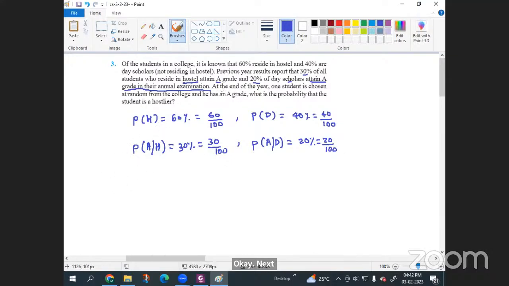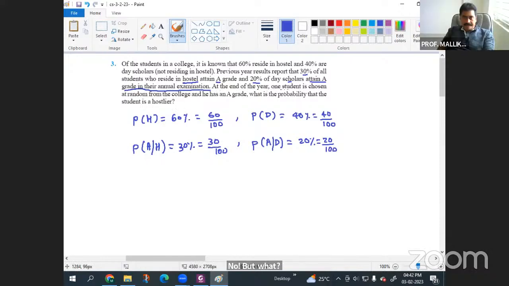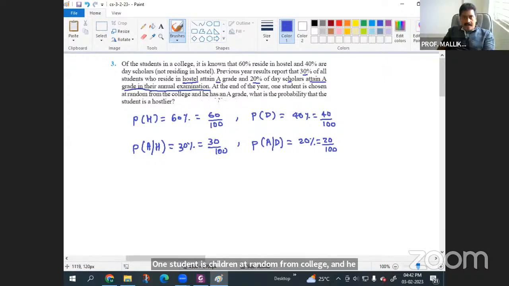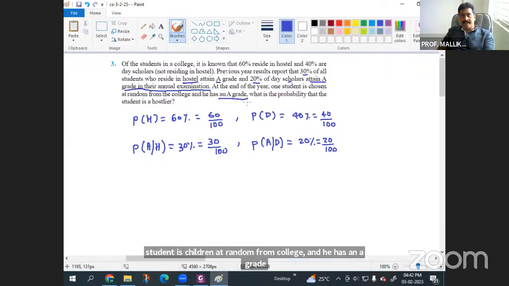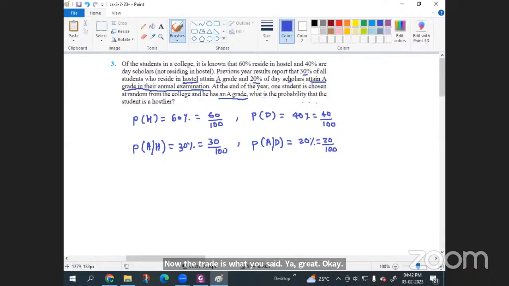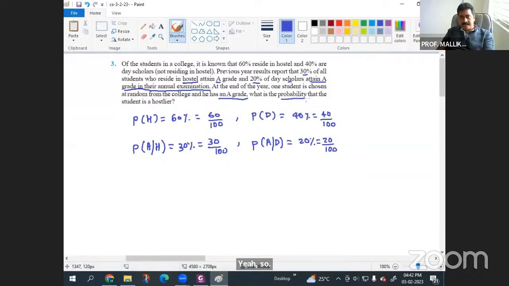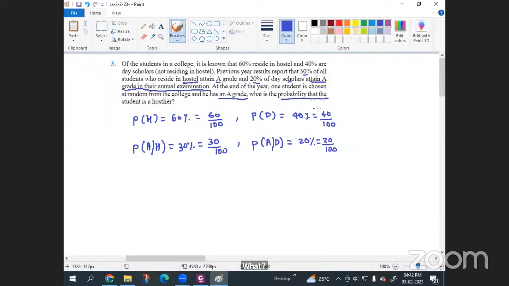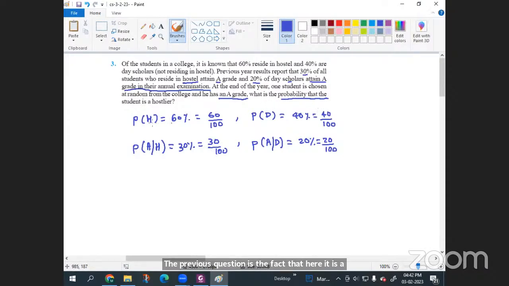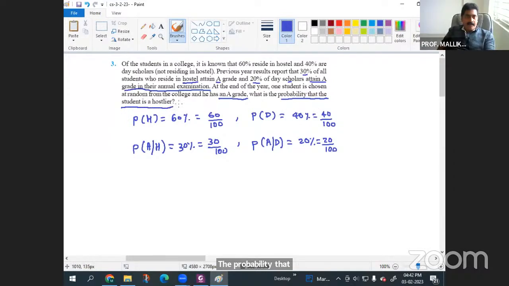Now, at the end of the year, one student is chosen at random from the college and he has an A grade. Now the grade is what you said, A grade. Right. Now what is the question for us? In the previous question the probability was of red. Here it is A grade. The probability that the student is a hostler. Did you identify whether they have particularly mentioned it or not here?